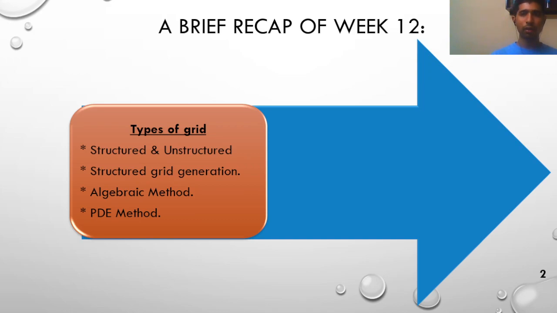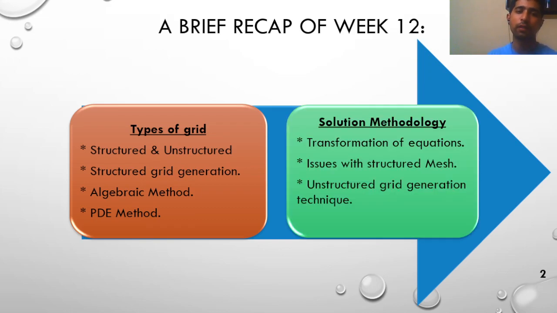We mainly saw that there are two categories of grids: one is the structured and the other is the unstructured grid. Then we went on to see how we can generate the structured grid, and what the different possibilities are within a structured grid, and two main methods in which we can generate the structured grid, which are the algebraic method and the partial differential equation method.